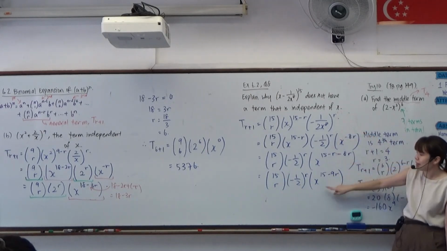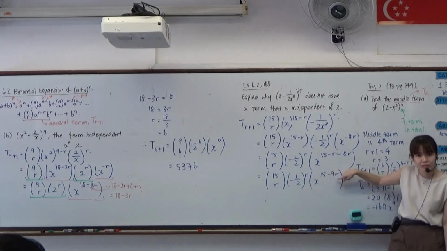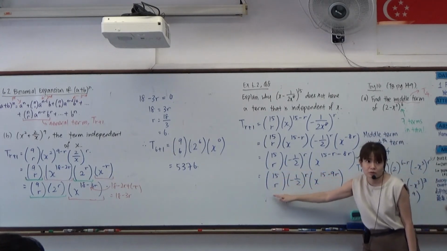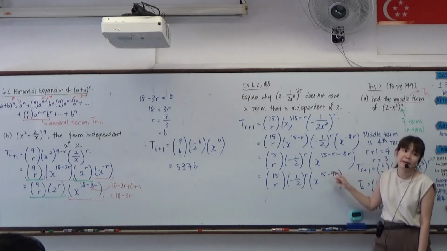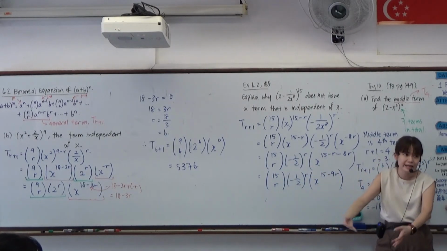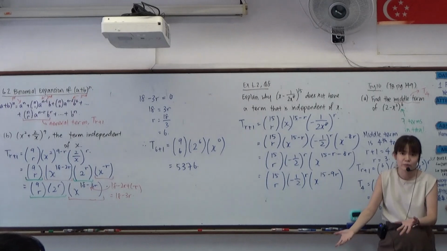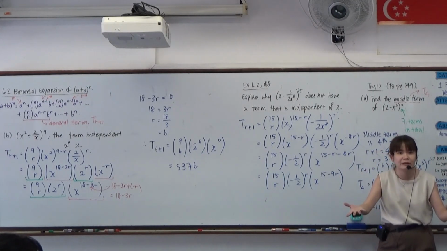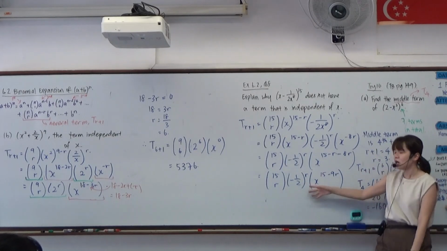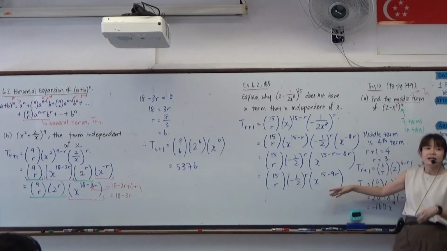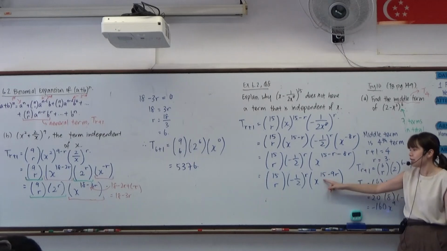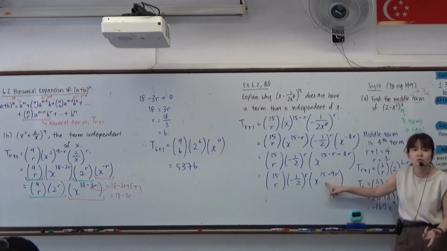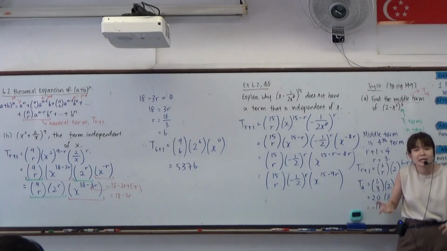So term independent of x is when this part here doesn't exist in the whole term. That's what independent means, away from x, just like you want to have your independence away from your parents, right? So in order to be away from x, that can only happen when the power is equal to 0. If the power is, let's say, 2, it must be x squared.